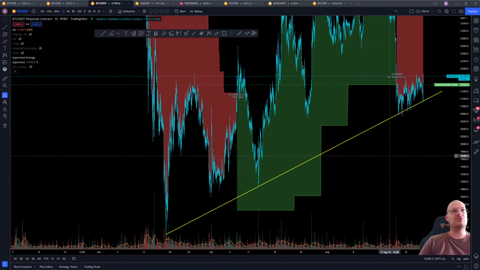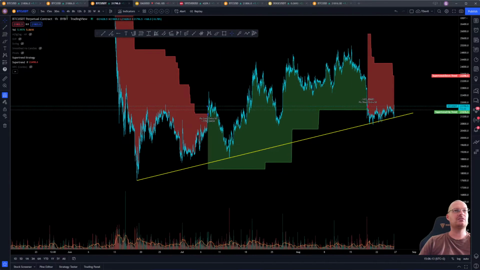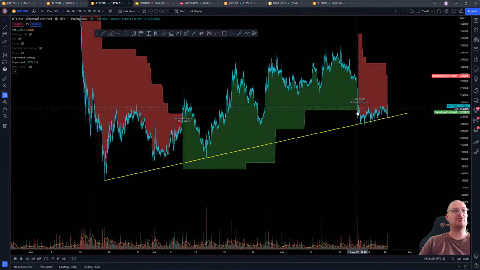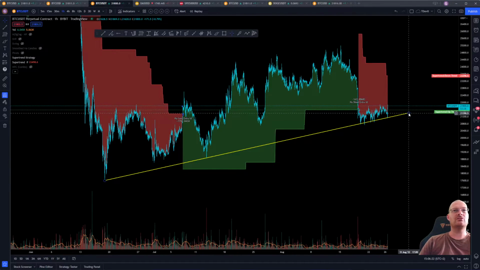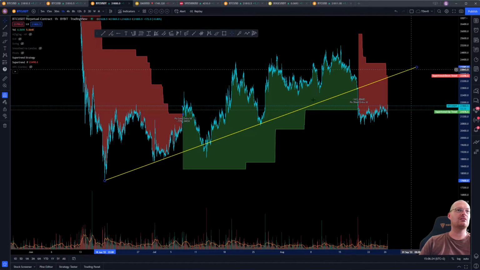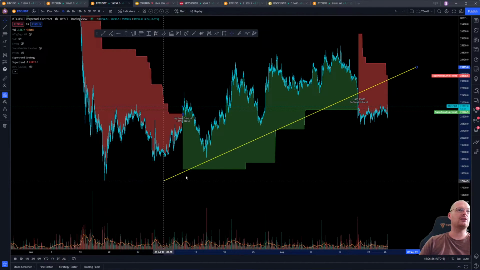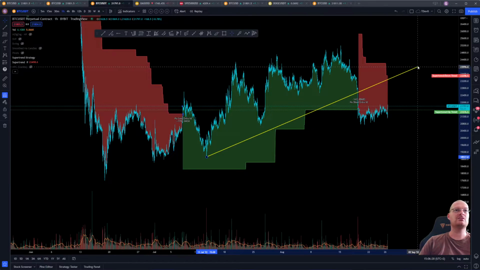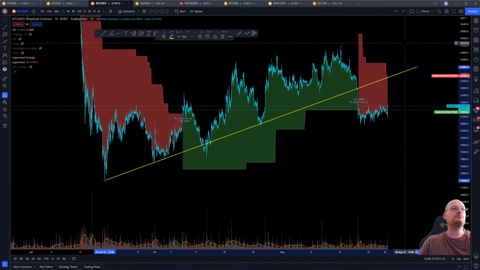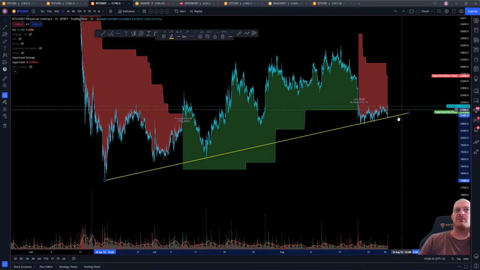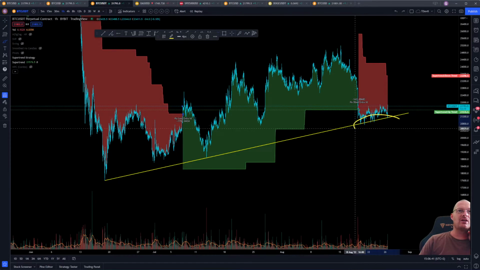But if we look on the 1 hour chart, as I mentioned before, we got a short signal for the super trend. But look at this yellow trend line. First I was looking at the trend line like this, which we broke. This is the one that I'm looking at now, and this worries me, having this grinding effect.